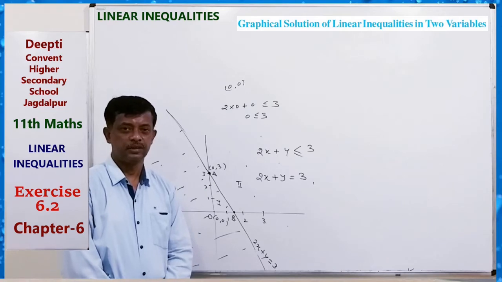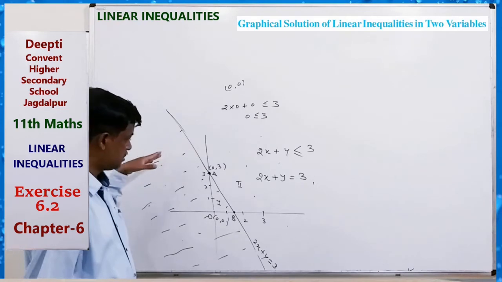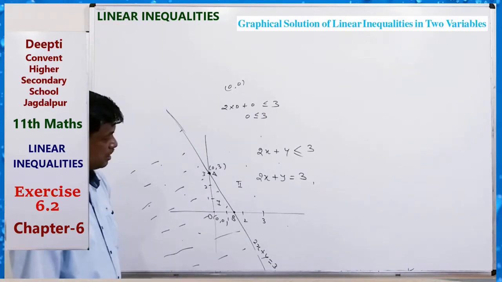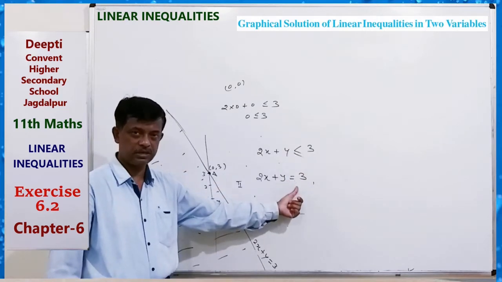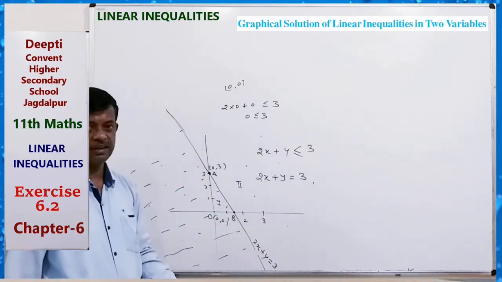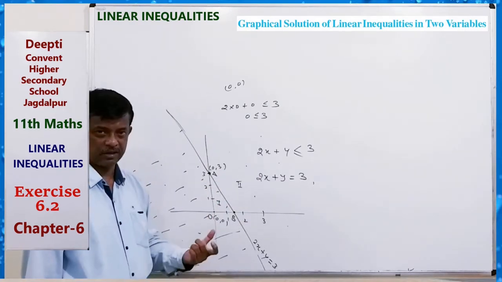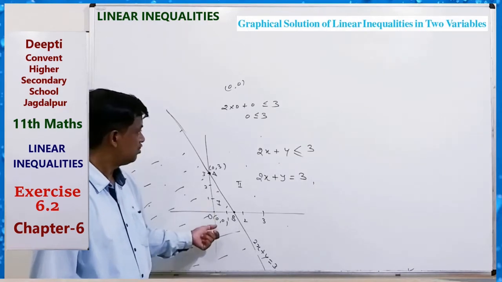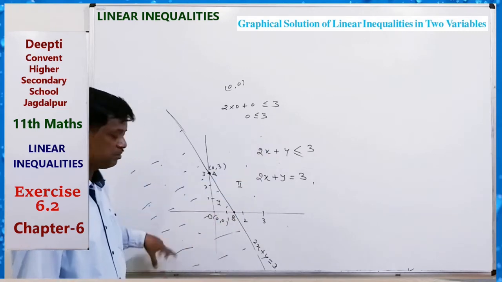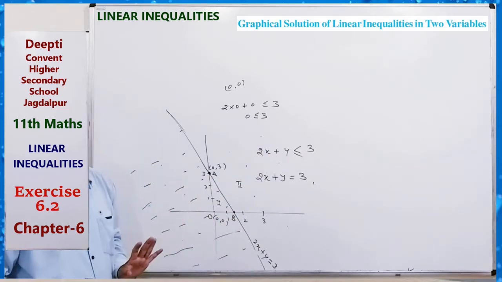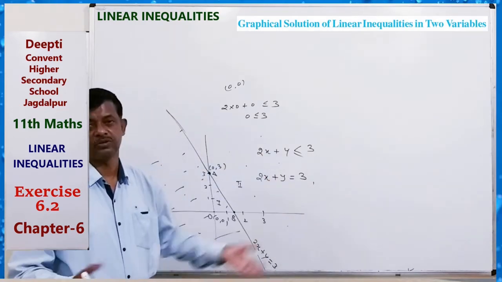Clear? So for the graphical solution, you have to draw the graph, x-axis, y-axis, and then for the inequality take its equation and draw the line, and then make two parts, first part and second part, and take the origin as the target point, and by putting x equal to 0, y equal to 0 in the inequation, if this is satisfied, then the origin side will be the solution region. If not satisfied, then the other part will be the solution.